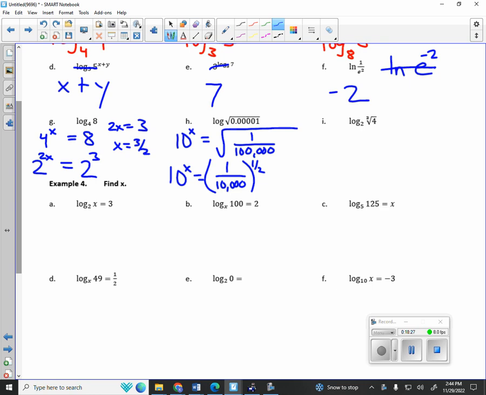You okay with that? And then 1 over 100,000, that would be, so I have 10 to the x is equal to 10 to what power? What 1 over 100,000 is 10 to what power? -5. And if I have a power to a power, what do I do? I multiply. So I have 10 to the x is equal to 10 to the -5/2. So what is x? -5/2.